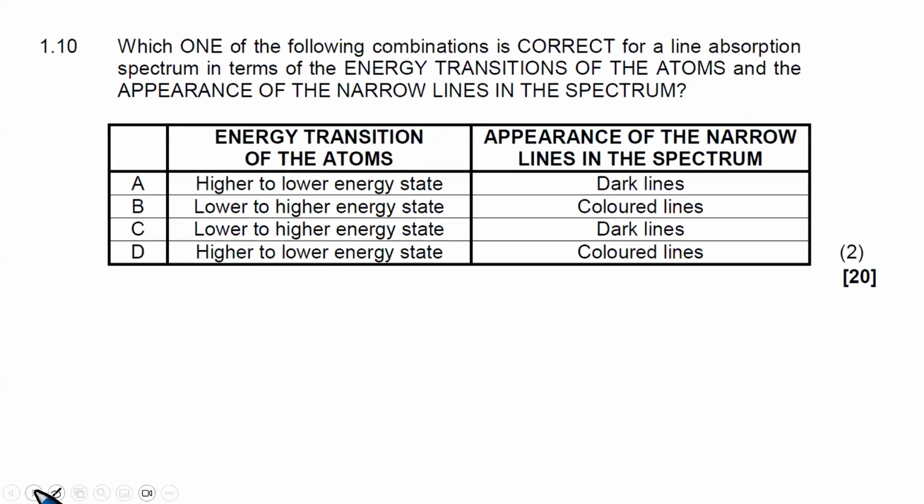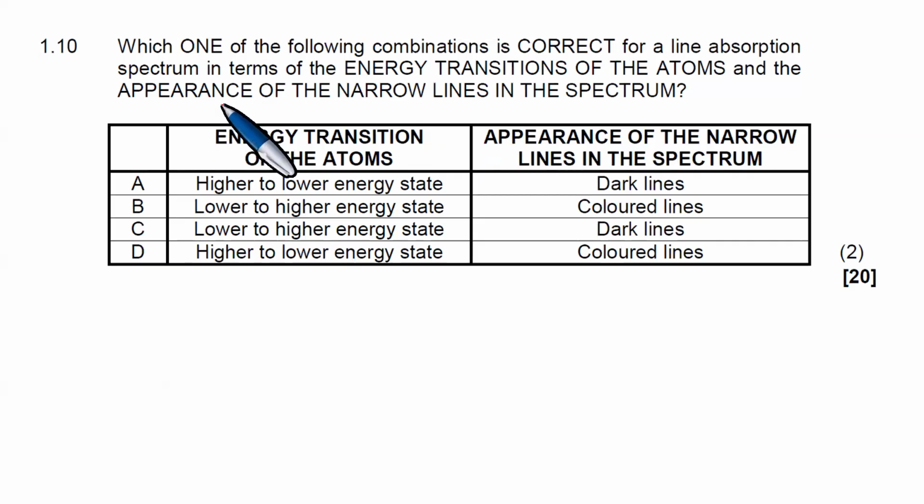So we have 1.10. Which one of the following combinations is correct for a line absorption spectrum in terms of the energy transition of the atoms and the appearance of the narrow lines in the spectrum?